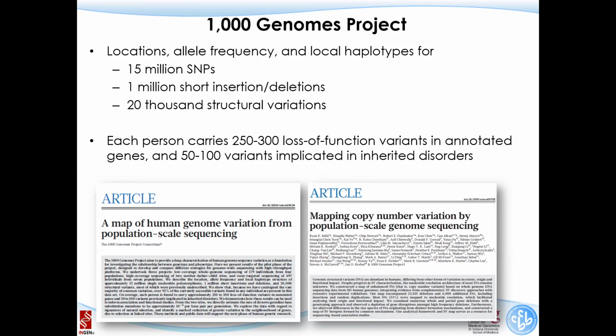But the point is, these 2,500 individuals in the 1000 Genomes data are healthy individuals. They don't have apparent disease, at least at the time that they were sequenced. Which means, if you read through this, it's kind of surprising. For these healthy people, there are so many variants that potentially cause disease occurring in our genome.